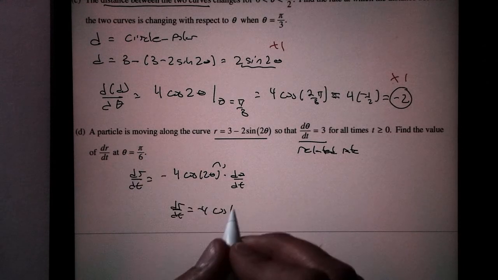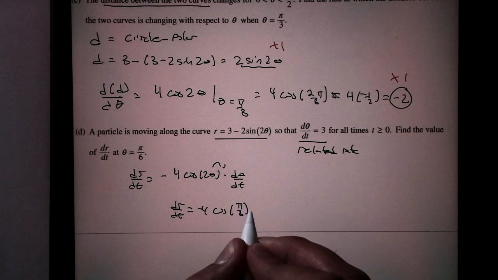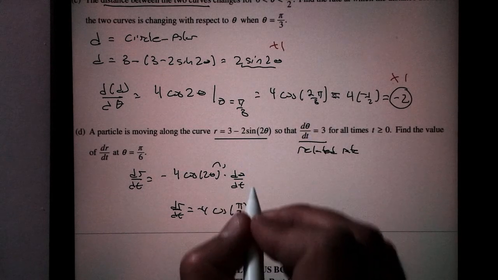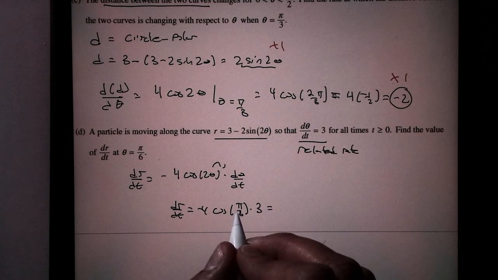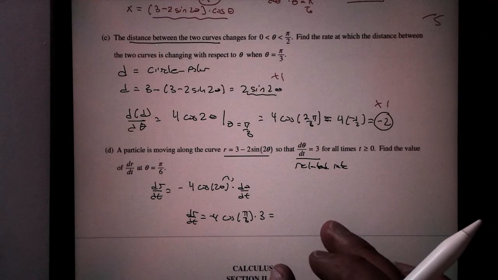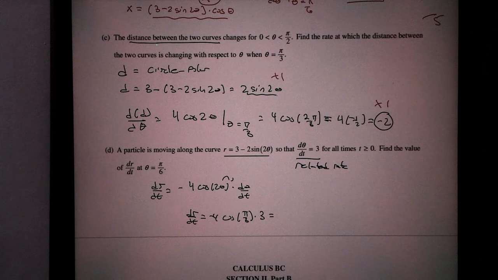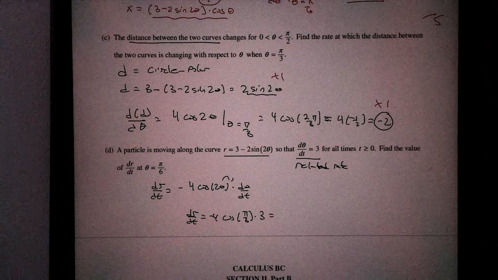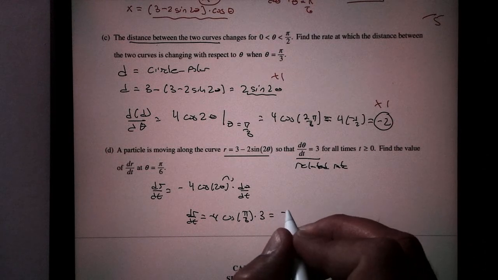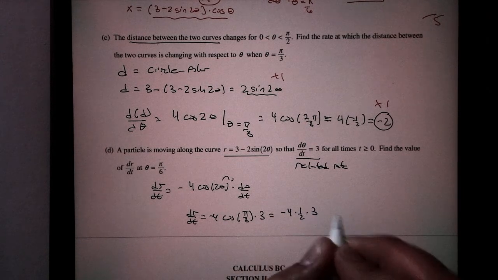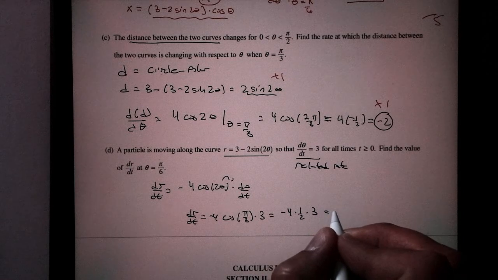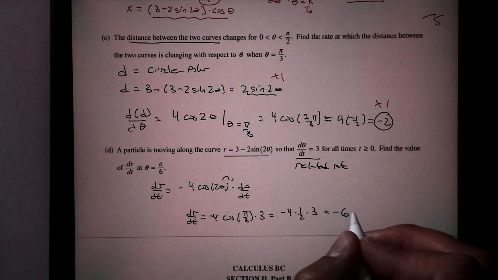If I plug in pi over 6, we just get pi over 3, and we know that d theta dt is just 3 here. If we clean all this up, the cosine of pi over 3 is 1/2. So we get negative 4 times 1/2 times 3, and of course that just becomes negative 6, and you can probably get the units here.